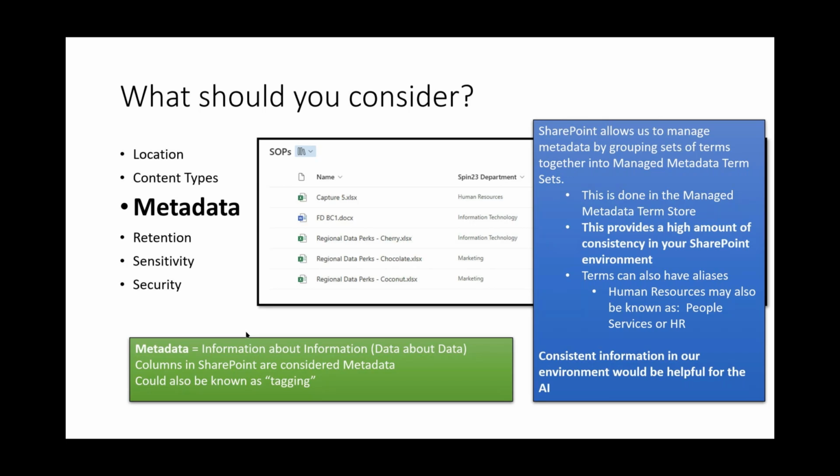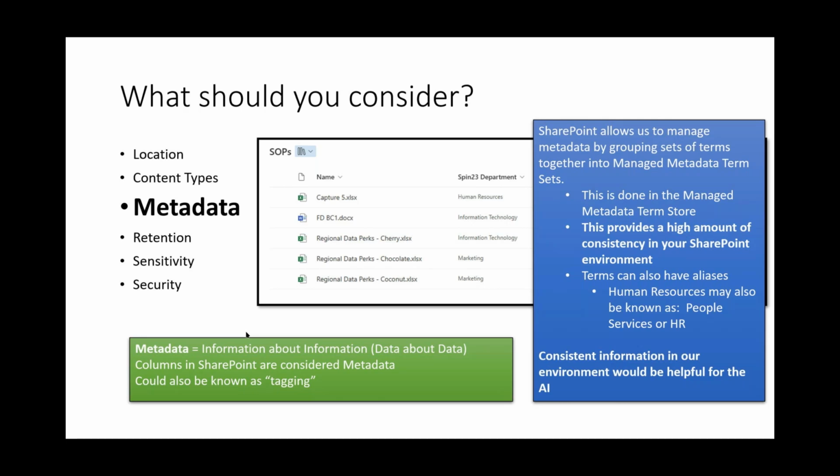What I don't want is when someone enters information into that column, like human resources, that I have one person who puts HR, another person puts people services, and another person puts human resources, because now they're calling human resources different things, and that doesn't have any consistency. I don't want one row that says information technology and the next row says IT, because the searchability of that goes down. I have to search for IT or information technology.